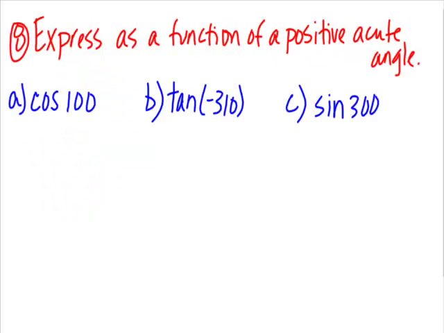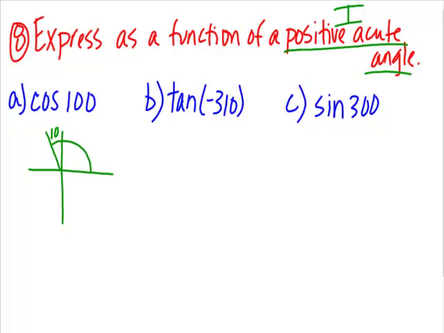Okay, a few more problems. Express as a function of a positive acute angle. So hopefully you're starting to train yourself, this means get to quadrant 1 on the double. So I'm going to do this by drawing pictures. So the cosine of 100, if I start my trip here, I go to 90. I need to get to 100, so basically I've gone 10 degrees in quadrant 2.